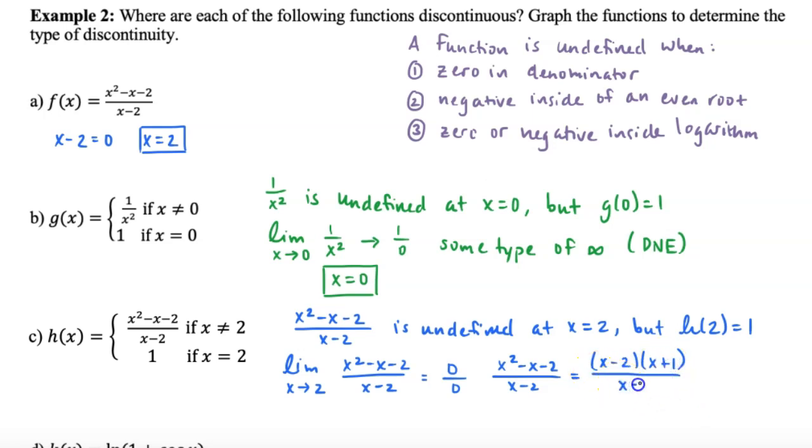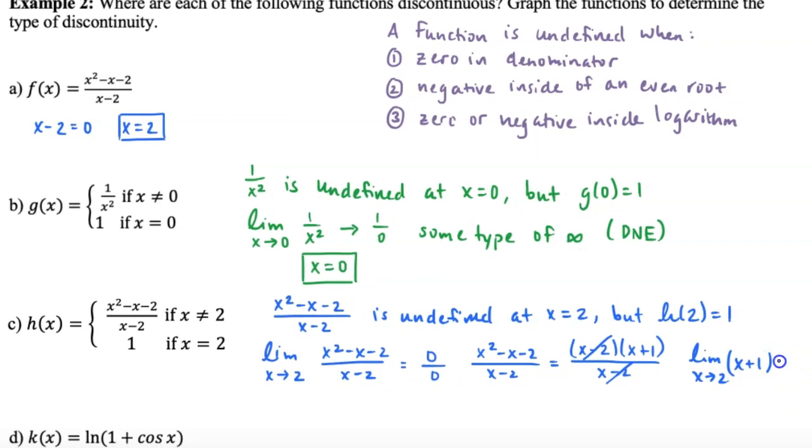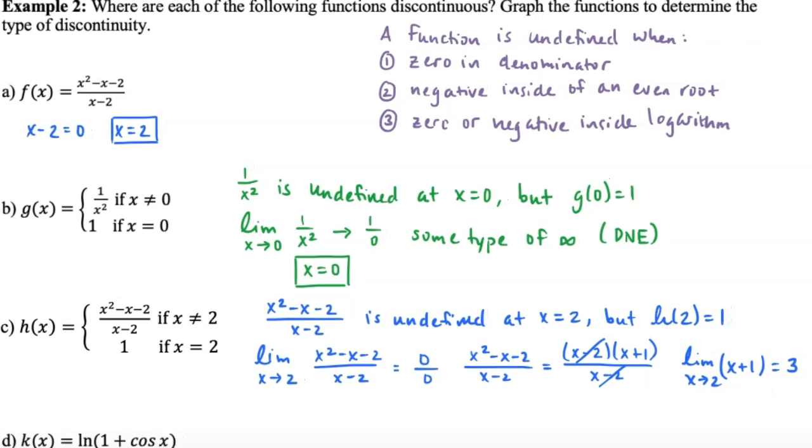With my denominator of x minus 2, now I can cancel out this factor of x minus 2 in the numerator and the denominator. And so, can I find the limit as x approaches 2 of x plus 1? Yes. Now if I plug in 2, this is going to give me 2 plus 1, which is 3.